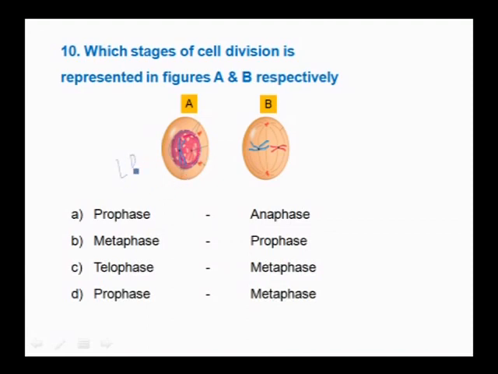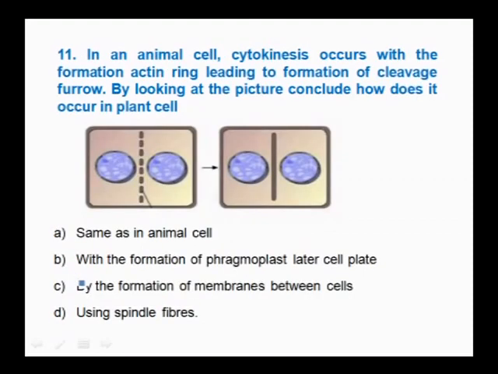And the second diagram does not show any nuclear membrane, and all the chromosomes have come and arranged themselves at the center of the cell, which you call the equator. So the first stage is prophase and the second stage is metaphase. The answer for this question is D, prophase and metaphase.